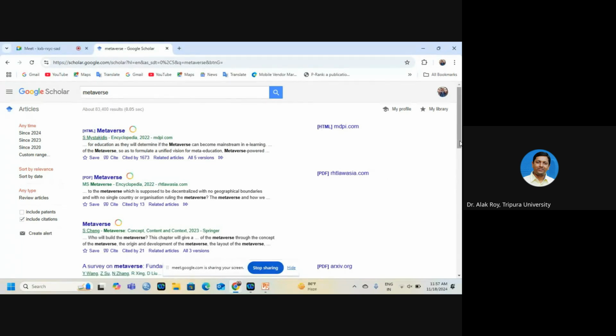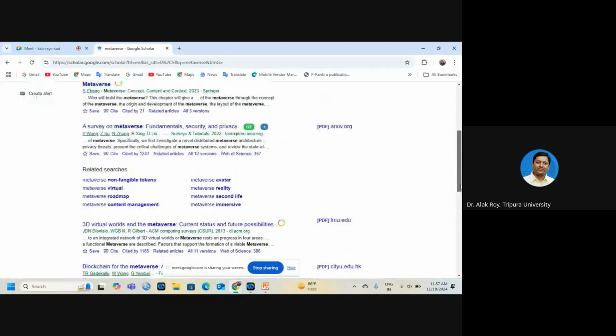For example, a survey on metaverse, fundamental security and privacy, is marked Q1. That means the journal where this article has been published is in Scopus Q1.